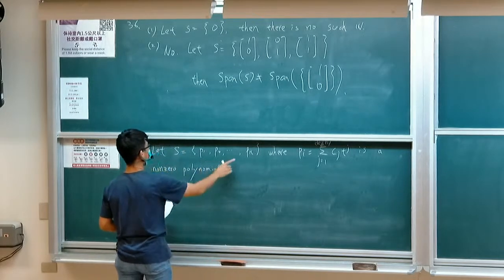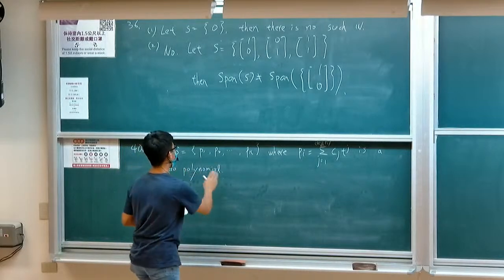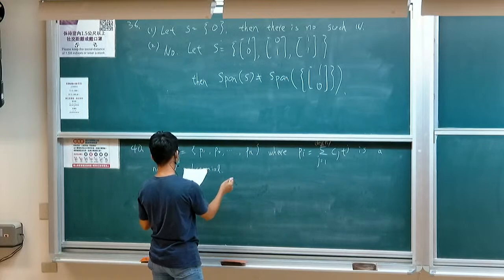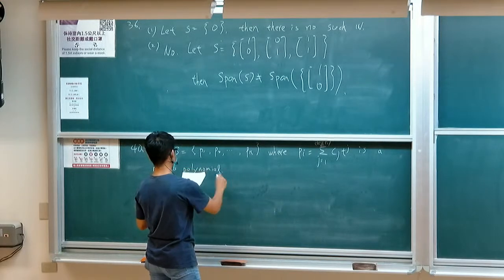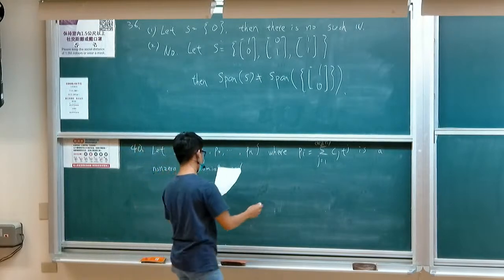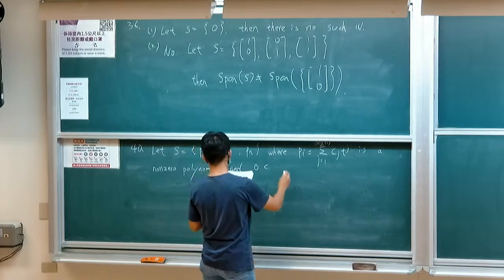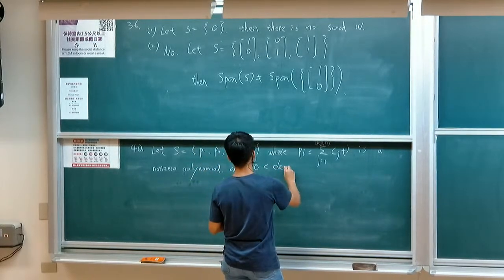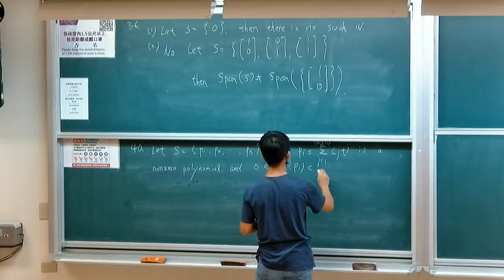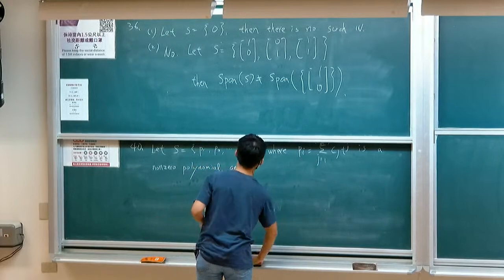So p1, p2 to pn are none of them zeros. And we order them by their degrees, so degree of p1 is less than degree of p2, and so on.